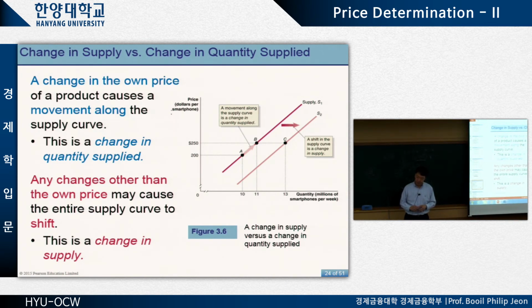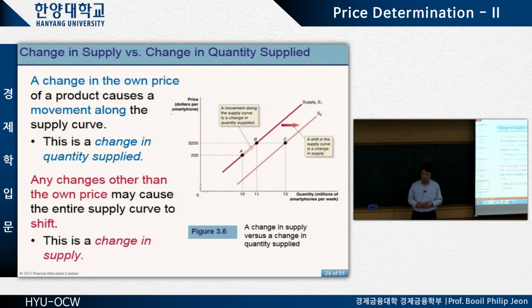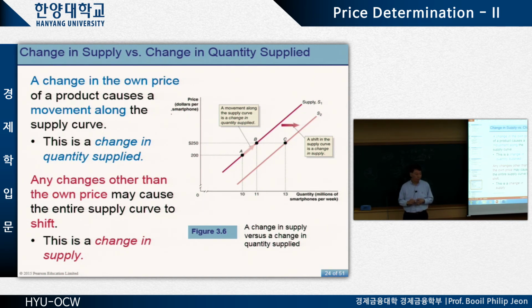So here's a summary. Just like we did before with demand, you have to understand the difference between the movement along the curve and the shift of the curve. If own price changes, supply doesn't change, but only quantity supplied will change because it's a movement along the curve.